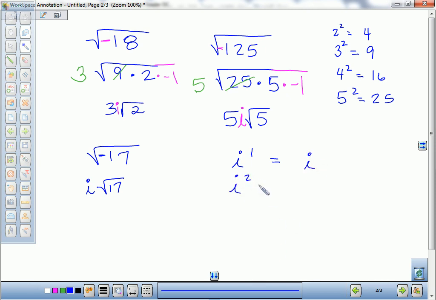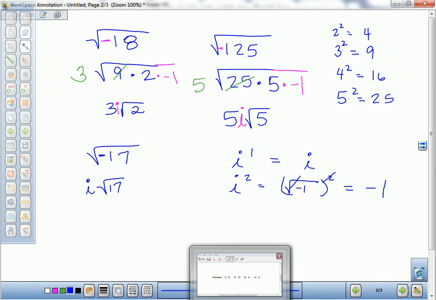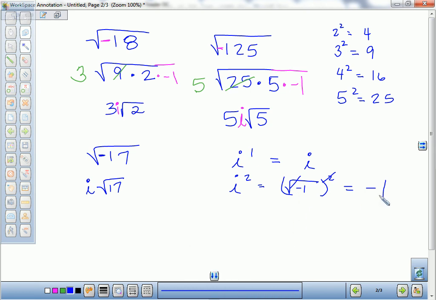But i squared is where we square this, and that gives us -1, because when we square a square root, they cancel. So i squared is -1. And then i cubed is -i. And i to the 4th is 1.